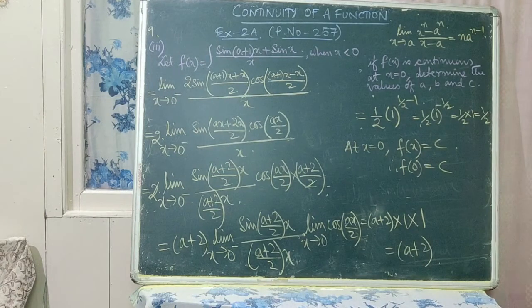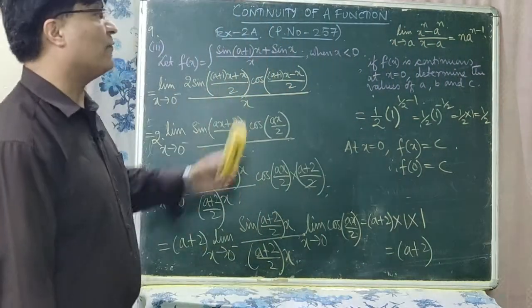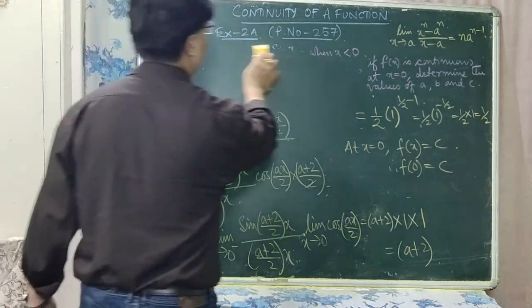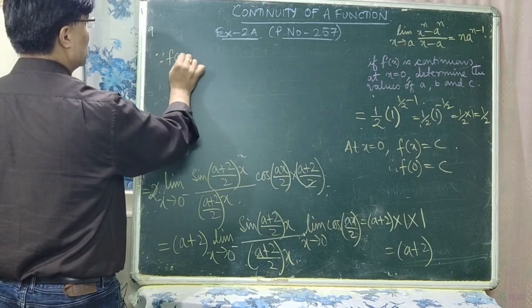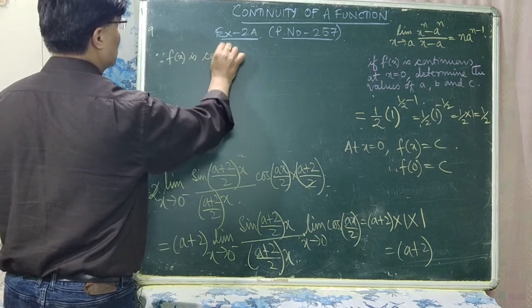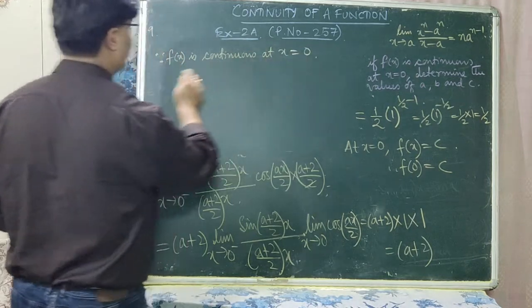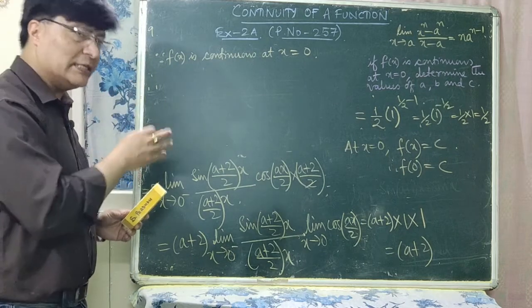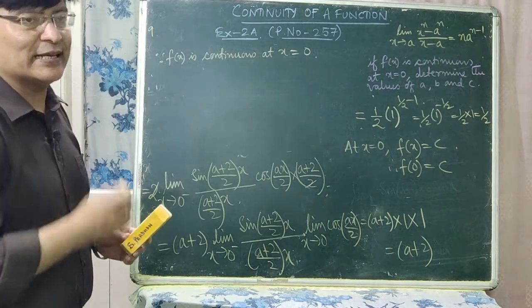Okay. Now what will you do in the next step? In the question it is given that the function f of x is continuous at x is equal to 0. Since f of x is continuous at x is equal to 0, therefore you can write that the right hand limit at x is equal to 0 is equal to the left hand limit at x is equal to 0 is equal to the value of the function when x is exactly equal to 0.